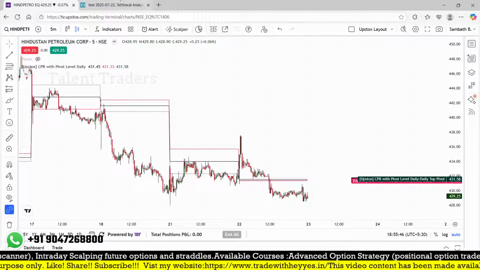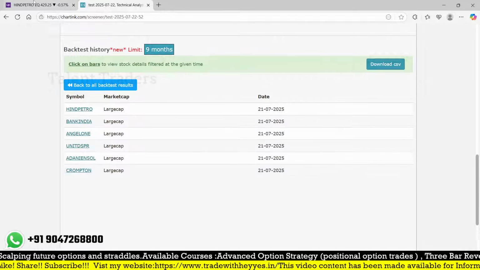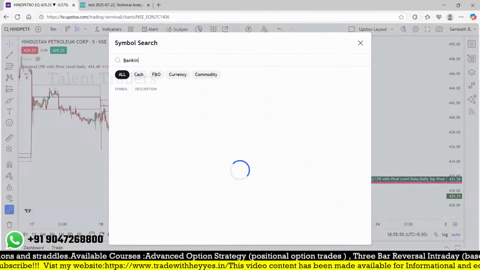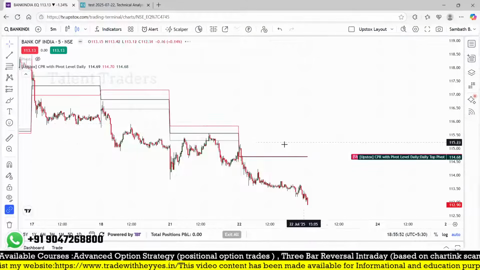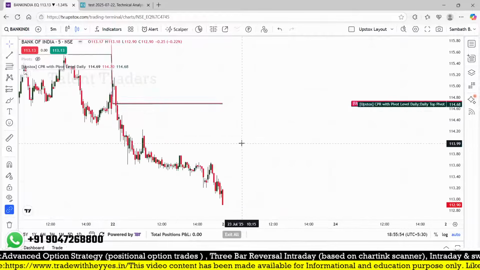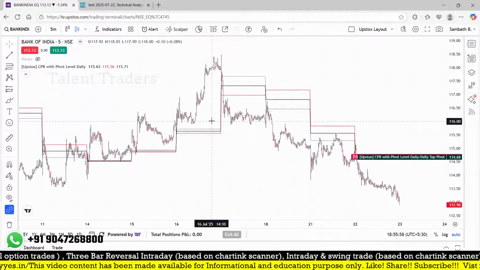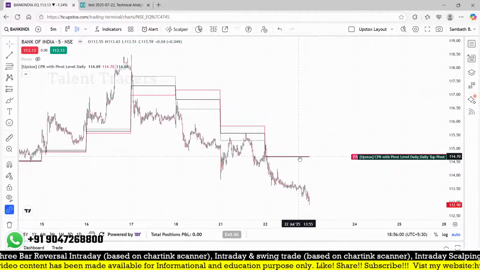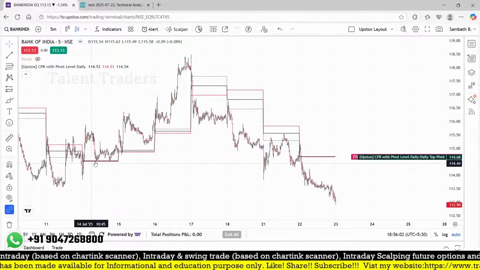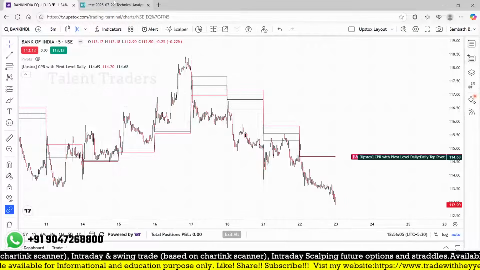But here the scanner will help you find the stocks forming such a pattern in a very narrow range. It is very narrow compared to the last 10 days, and that is very important.